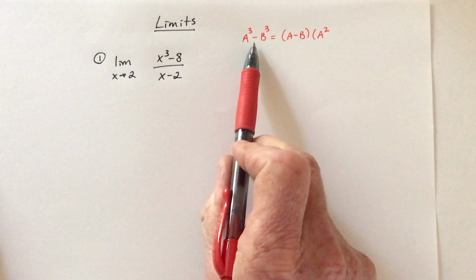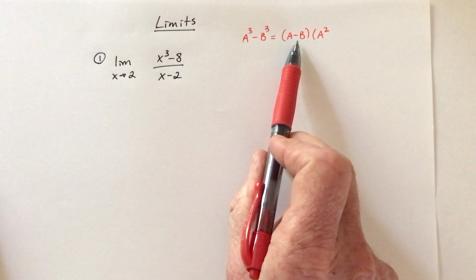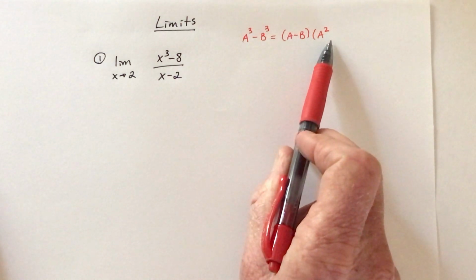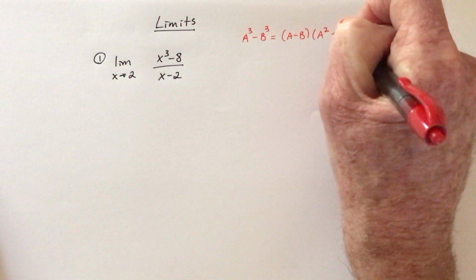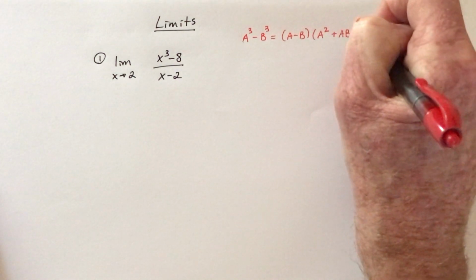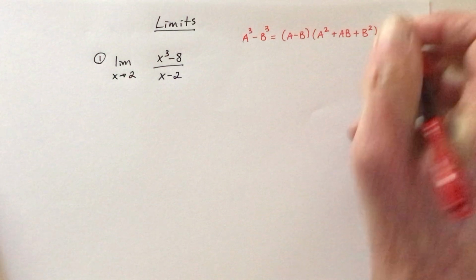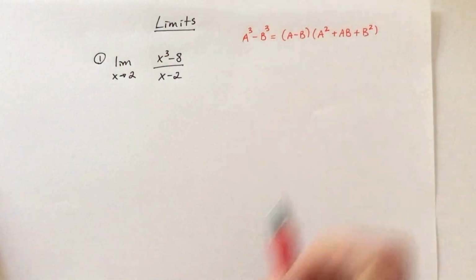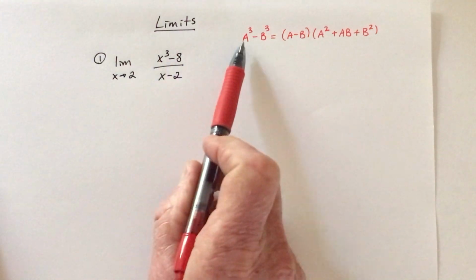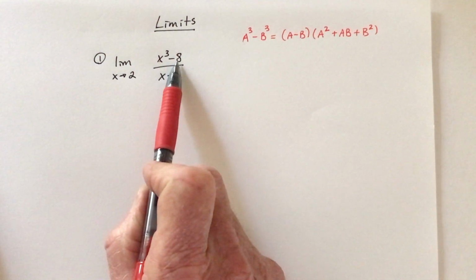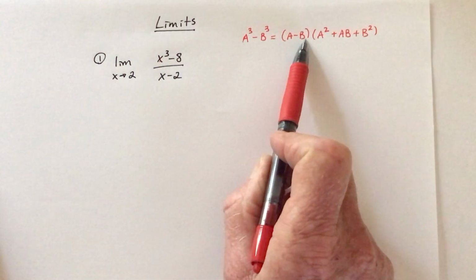So when this has minus, the first factor also has minus. And then it changes. Now it's going to be plus the a times the b and plus the b squared. This last one, it's always plus. So right here, it's the x, so that's what a is. And right here, it was a 2 that got cubed, so the b is a 2.